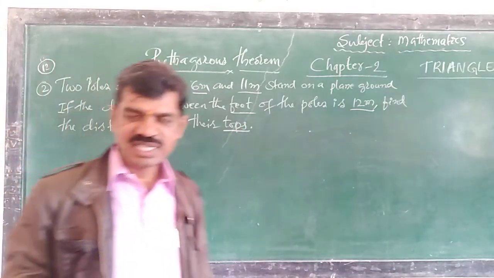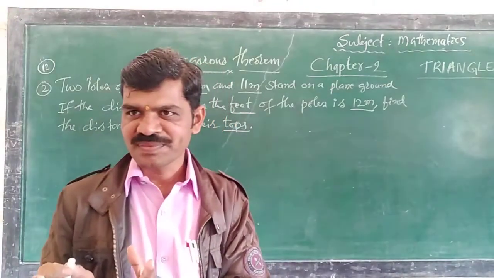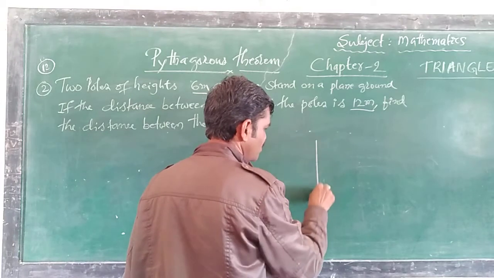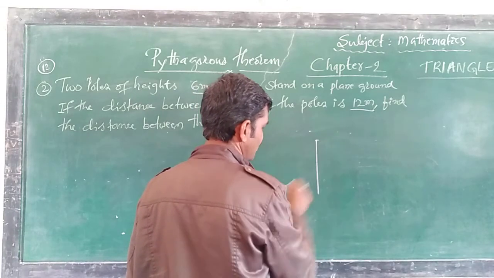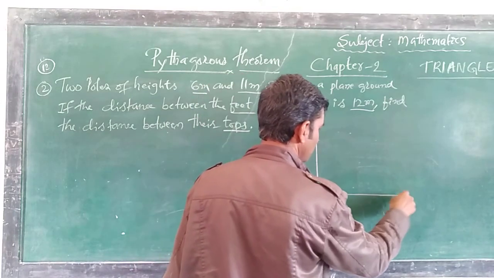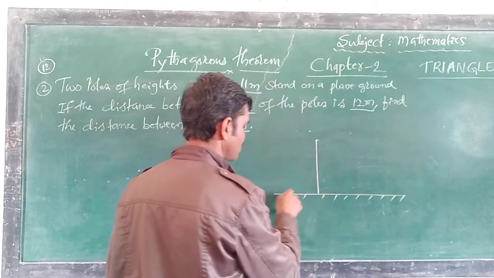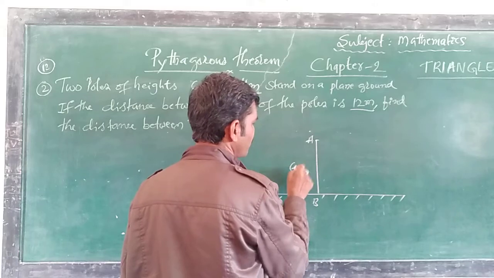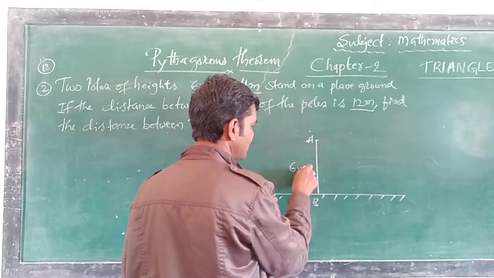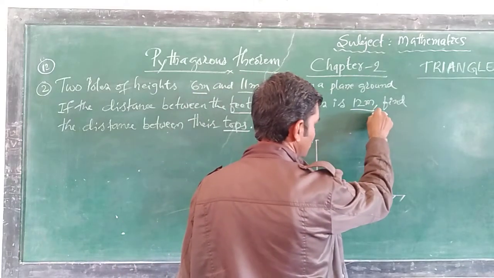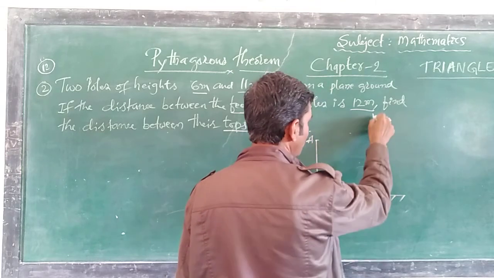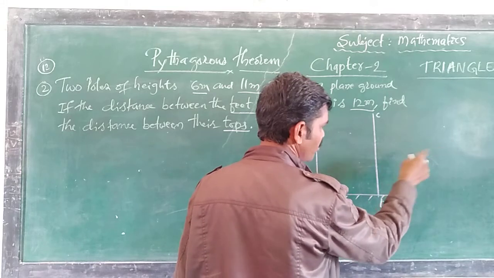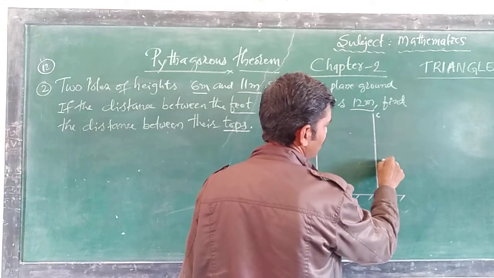Let us write this question in the diagrammatic form. This is the ground. Let us consider AB as one pole. The height of this pole is 6 meter. And we have another pole, let us consider this is CD. The height of this pole is 11 meter.